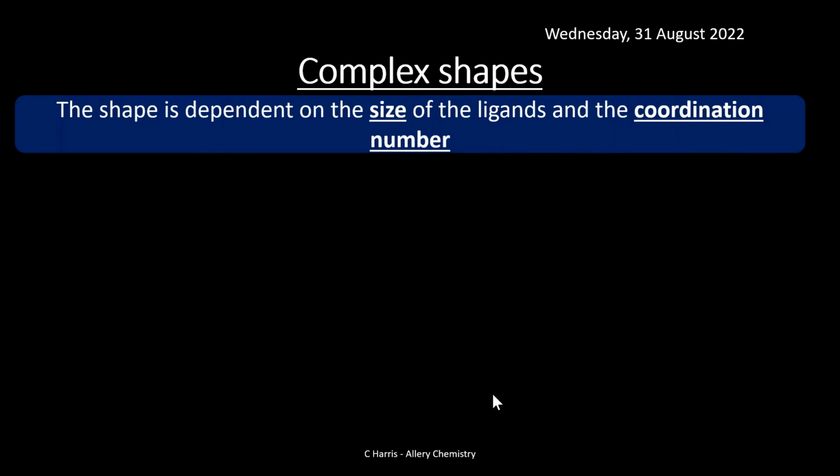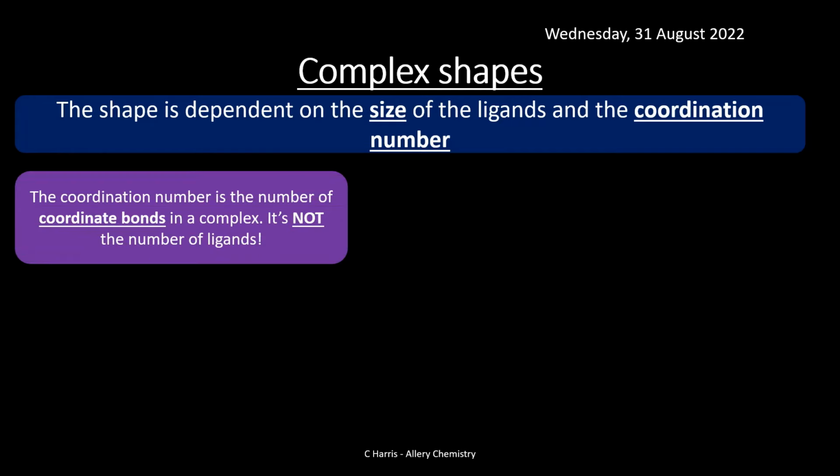Okay, so we know what some of these ligands are, so we've had an introduction. We will come back to the ligands, and you'll see them all the way through. We're just introducing different concepts here, I suppose. Complex shape can change as well, and that's dependent upon the size of the ligands that we attach to the central metal ion and the coordination number.